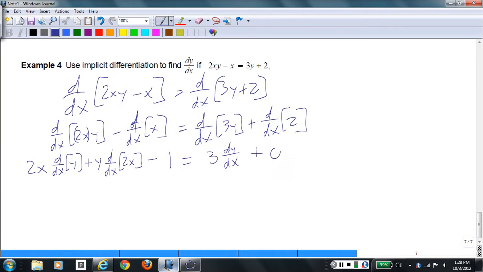So plus 0 or just ignore it. 2x dy dx plus y times 2 minus 1 equals 3 dy dx.